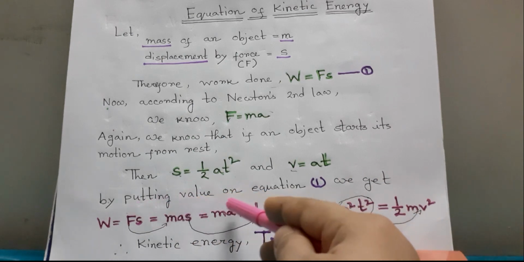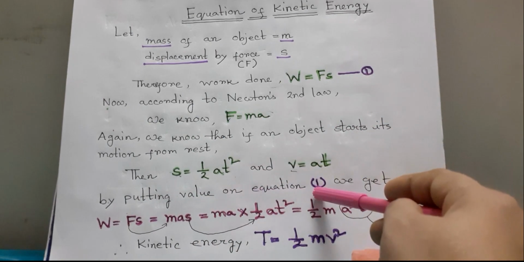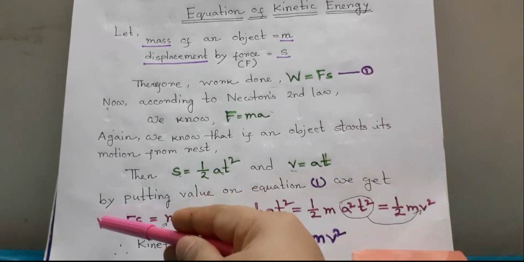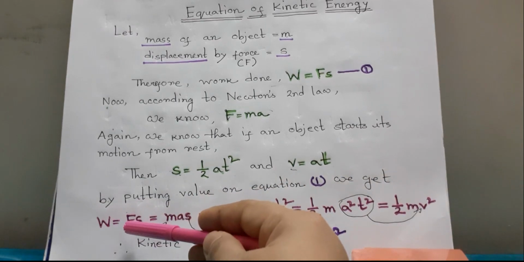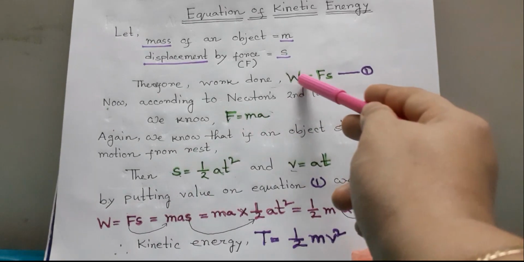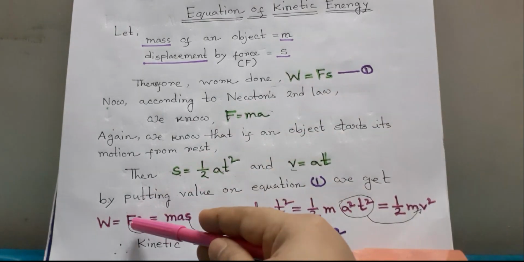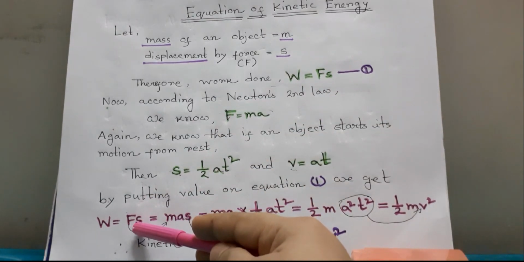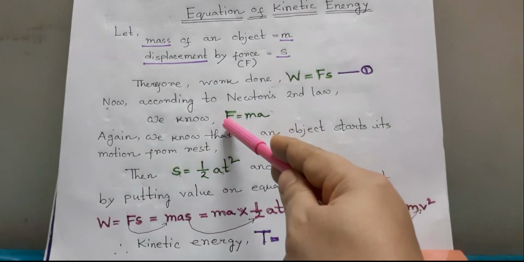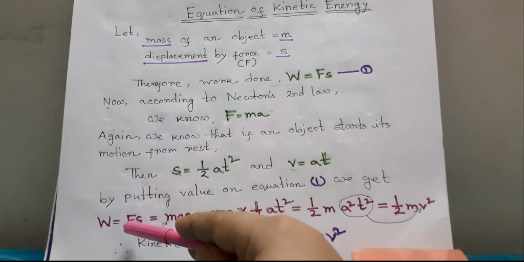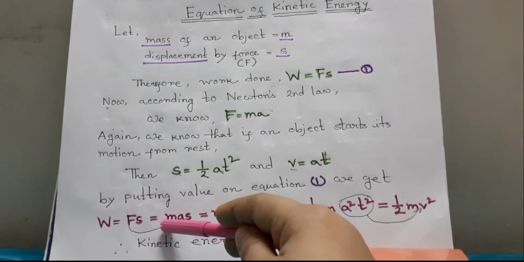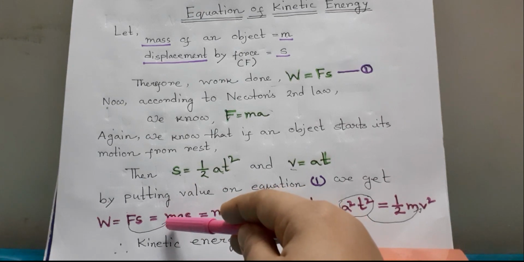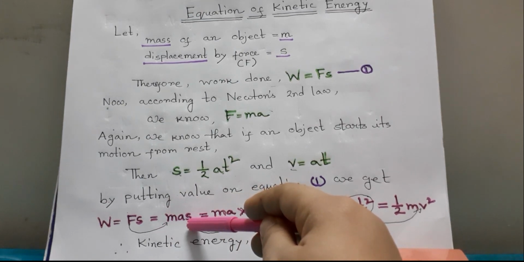By putting values into equation number 1, we get W equals Fs, that is, work is the product of force and displacement. From Newton's second law, we know F equals ma. Here I just replace the value of F by ma, then we get mas.